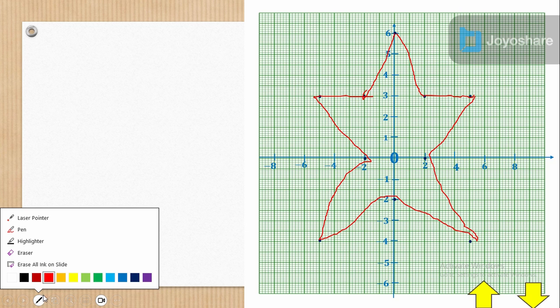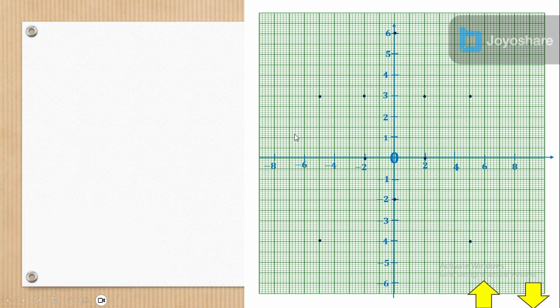That's just a rough cut. Okay, so we join the points. So in simple terms, that was the shape which was required.